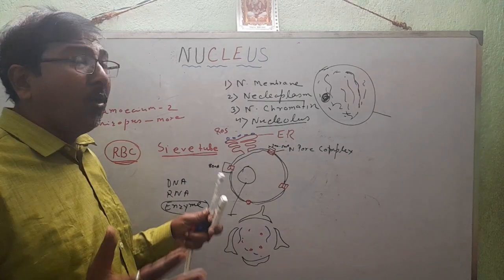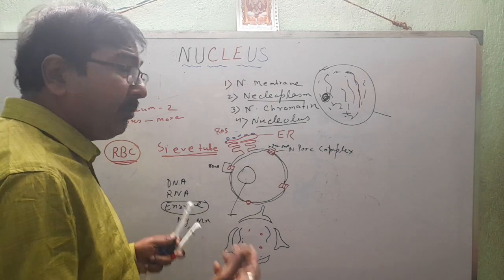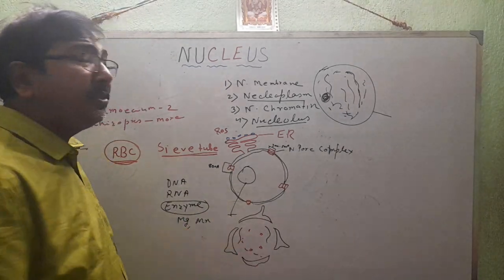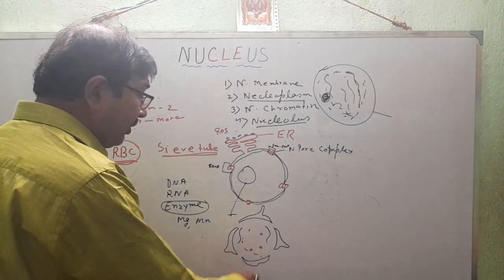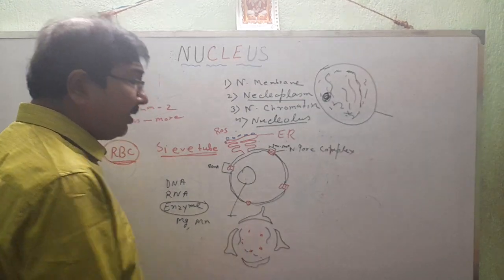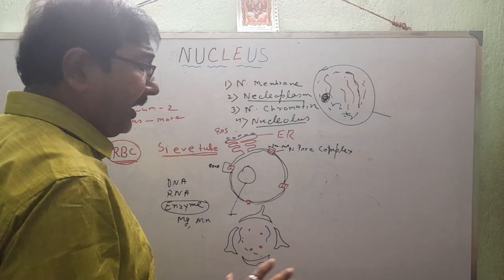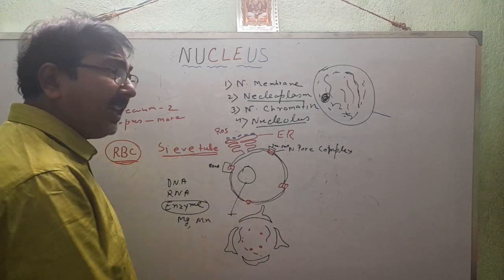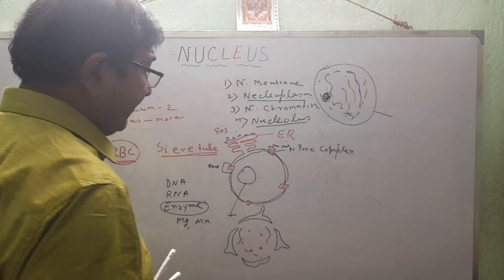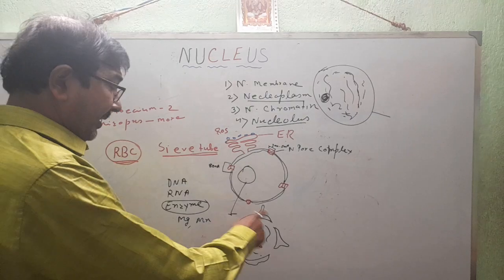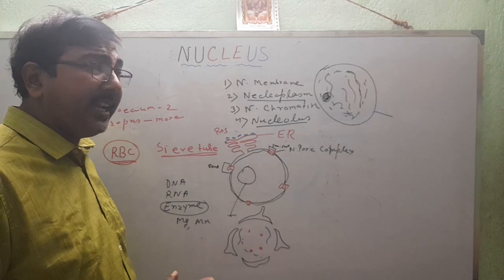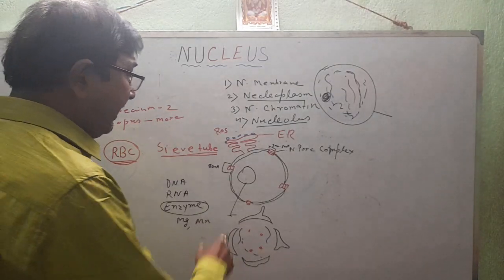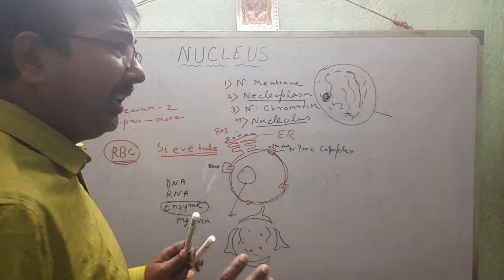When more protein is needed, more ribosomes are needed, and then the nucleolus also increases in size. A large nucleolus is present in the oocyte and a small nucleolus in the sperm. Okay, that's about the nucleolus.